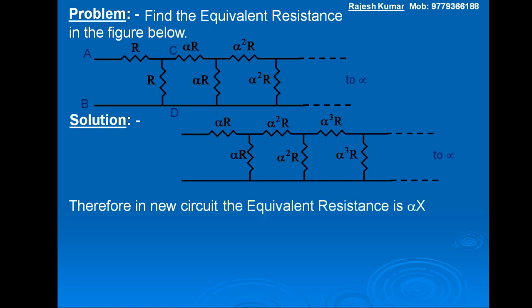Therefore, the equivalent resistance is also multiplied by the same constant alpha and is alpha X.